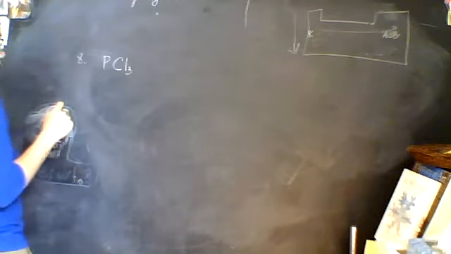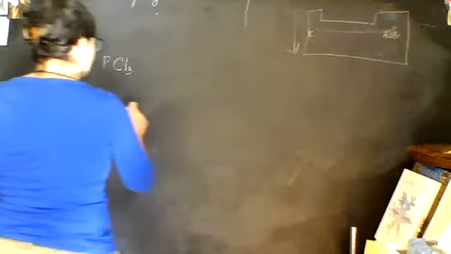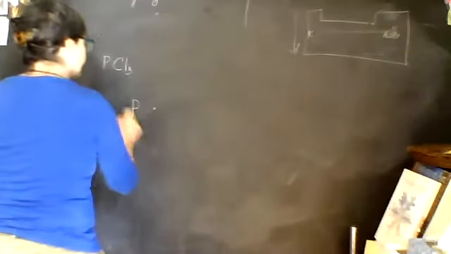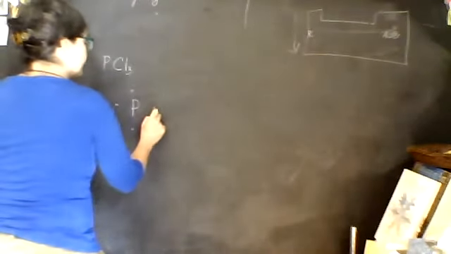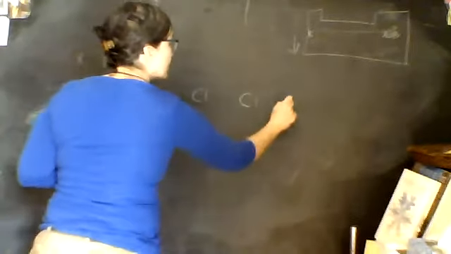Okay, so we're going to draw that. P is in column 5A. Okay, and I have 3 Cls.